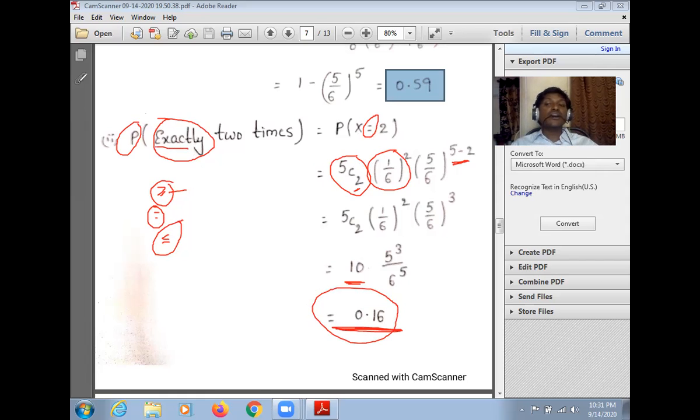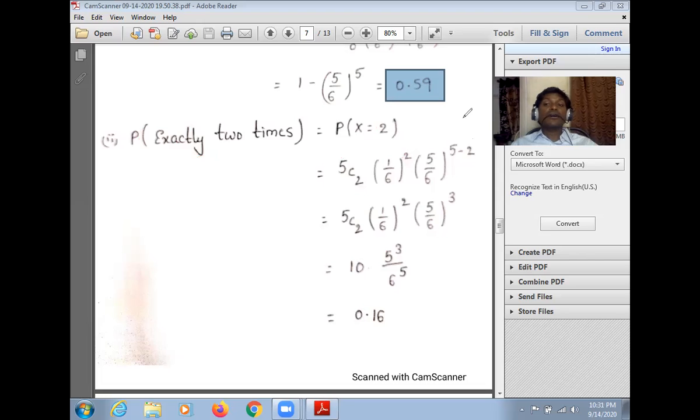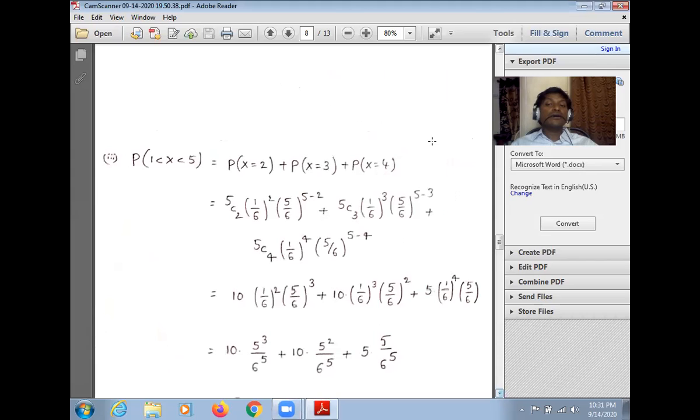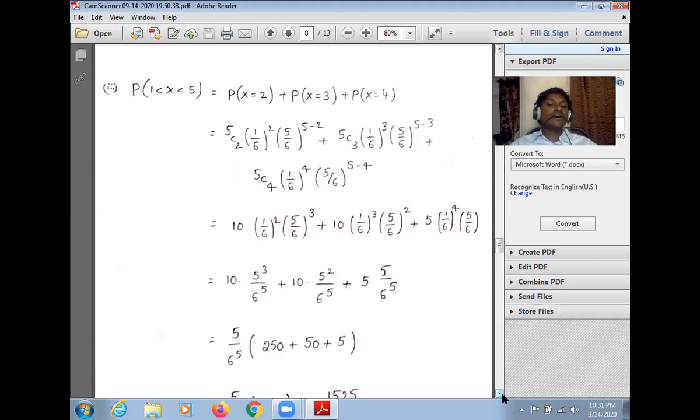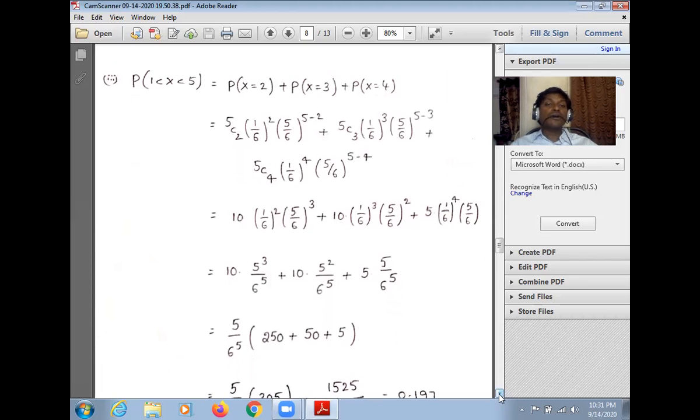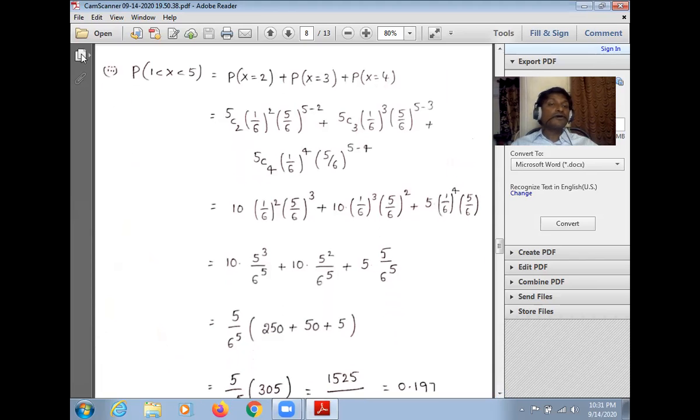Okay, next. This is the next one. So what they mentioned here is another one, right? So now we got another one, P of 1 less than x less than 5. Okay, from 1 and 5, see carefully the symbolic notations.